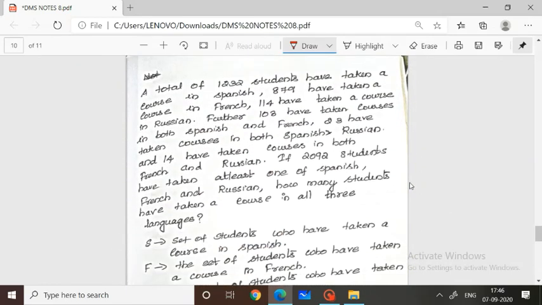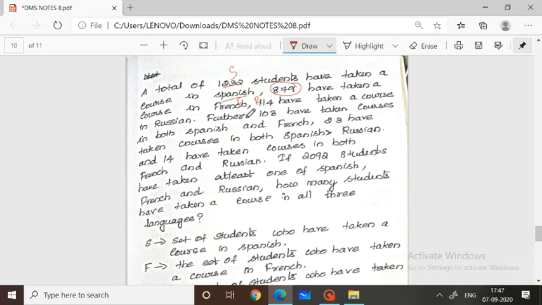Now the next question. A total of 1232 students have taken a course in Spanish, 879 have taken a course in French, and 114 have taken a course in Russian.